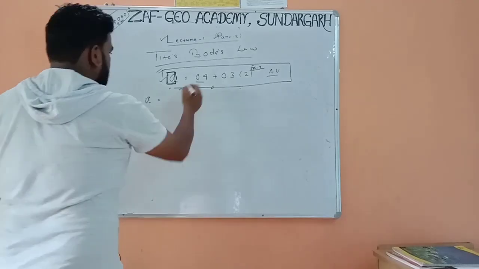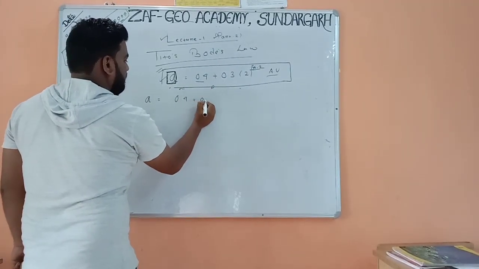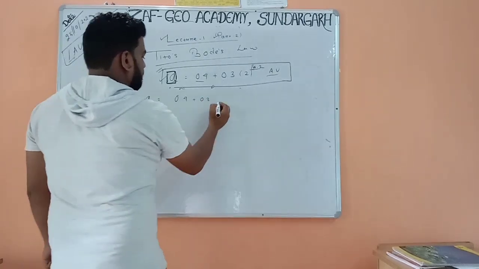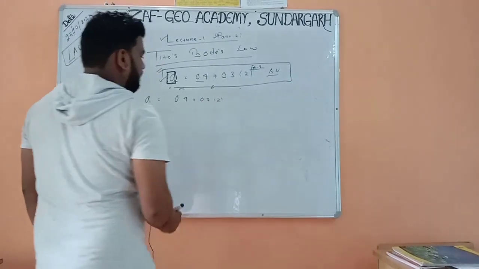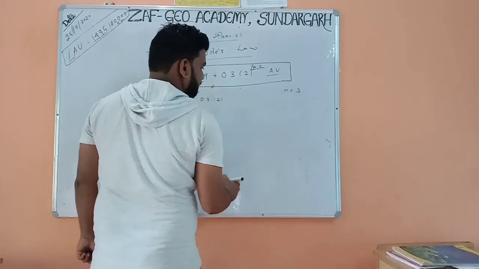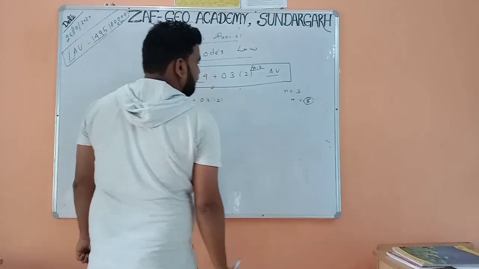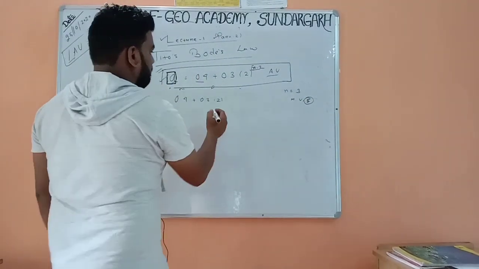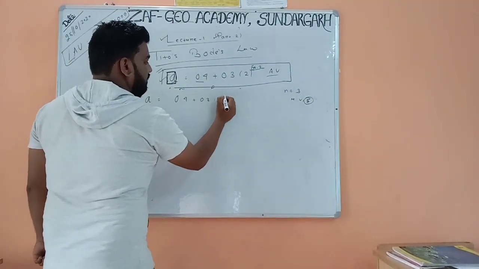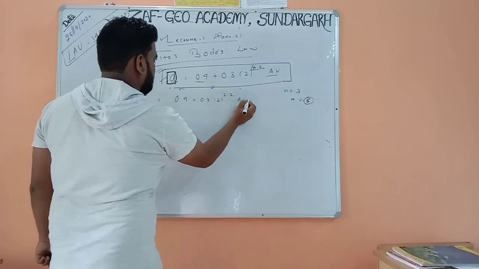So A is 0.4 plus 0.3 times 2 to the power n minus 2 astronomical unit. Since we know n is 3 for Earth, Mercury, Venus, Earth, n is 3 from the Sun, so 2 to the power 3 minus 2 astronomical unit.